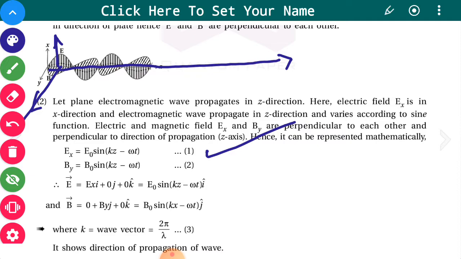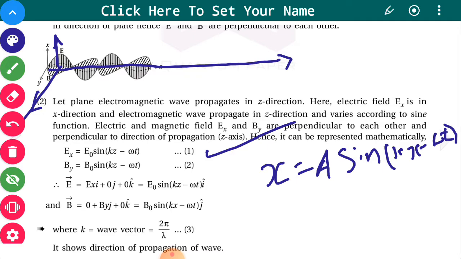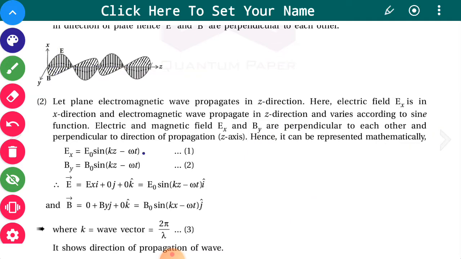As we have seen, the wave equation we studied in the 11th standard is x = a sin(kx − ωt). This way, the displacement of the electric field vector is given by Ex = E0 sin(kz, because it is moving in the z direction.